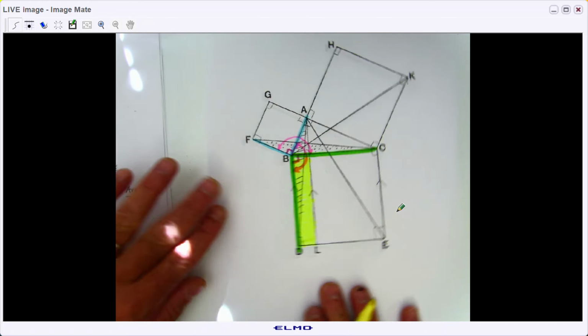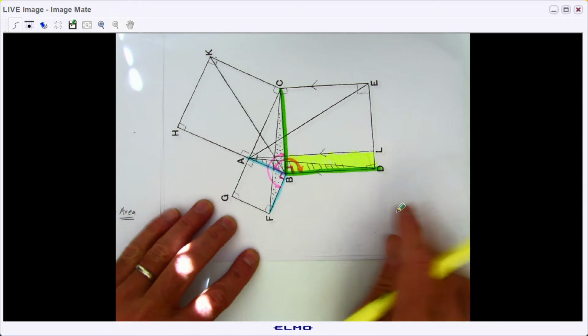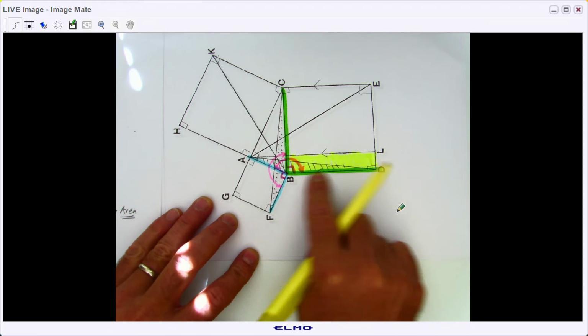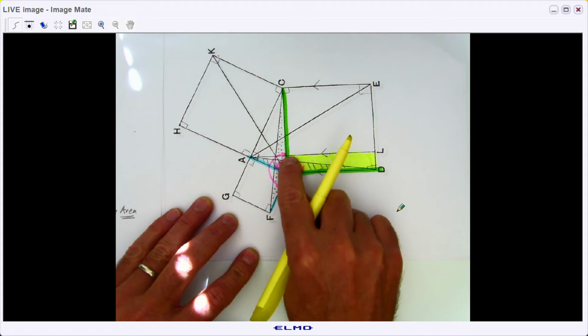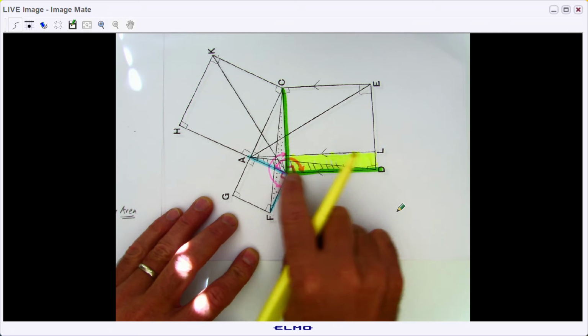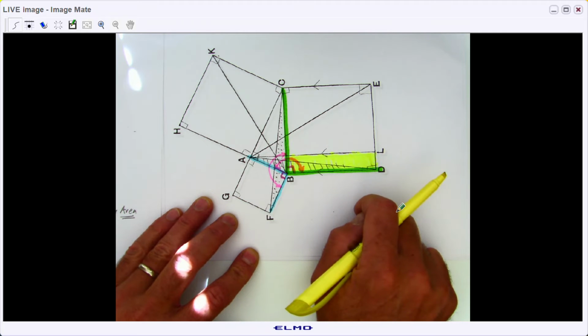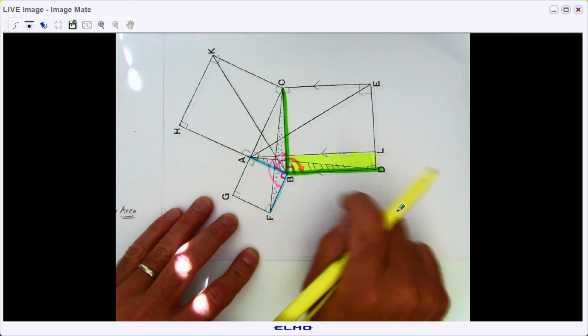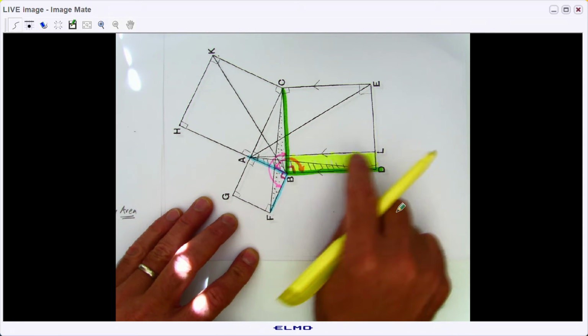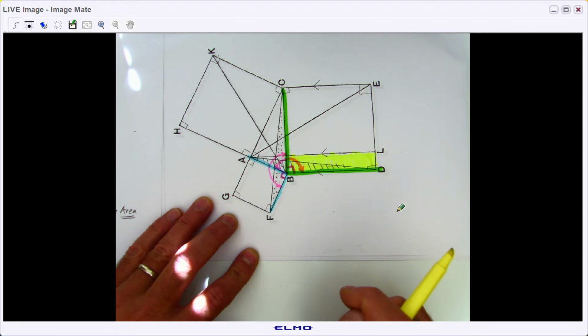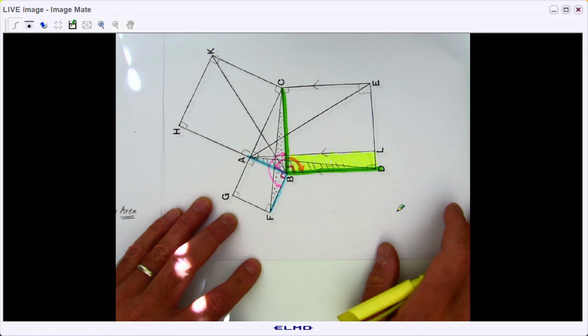Sometimes it's easier to see this if we turn this sideways. This would be the base of the triangle with the lines through it, and that would be its height, the vertical distance above its base, perpendicular to its base. And that base and height is the same as the area of this yellow region. But since this is half, two of these fit in here. I hope that makes sense.